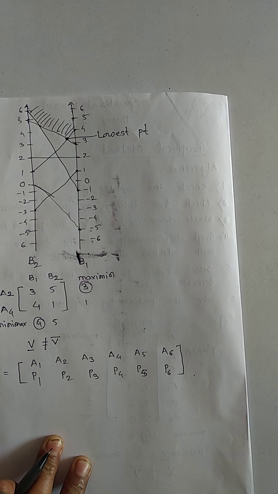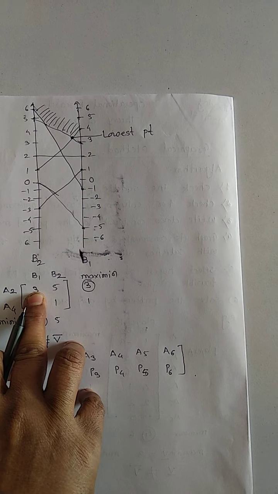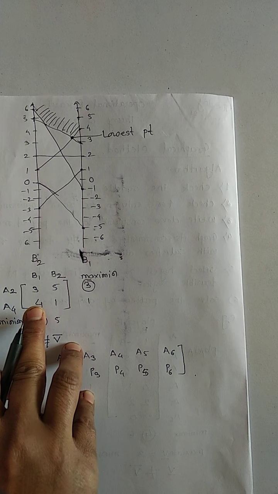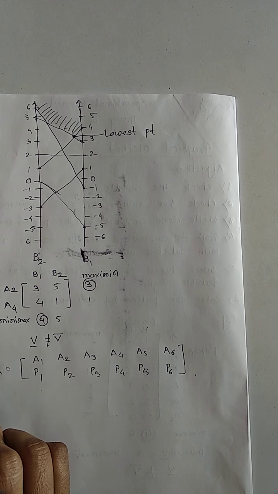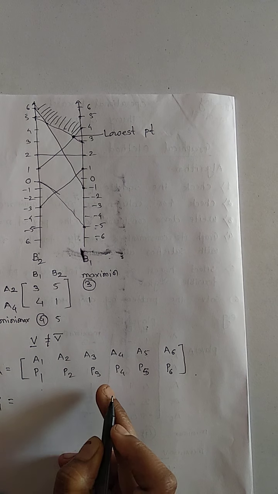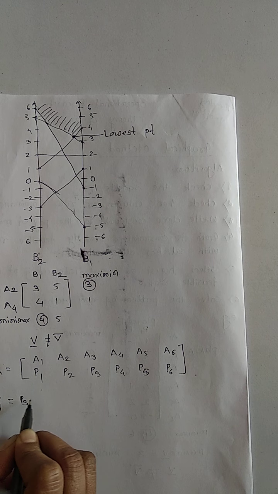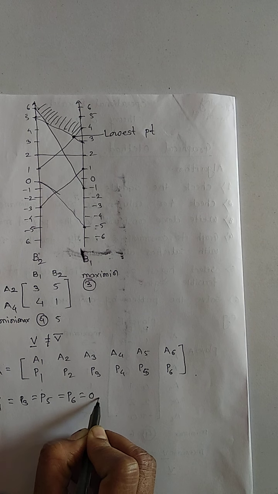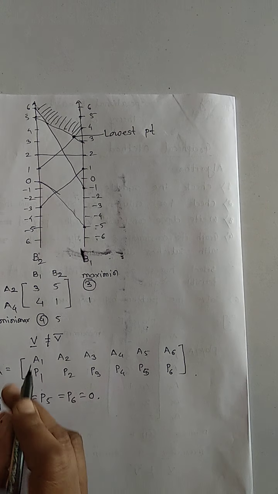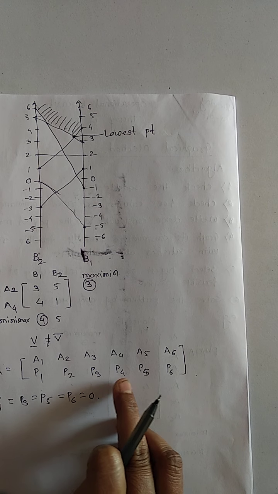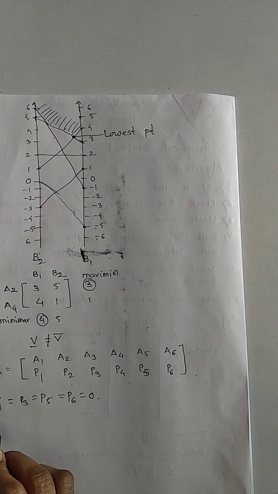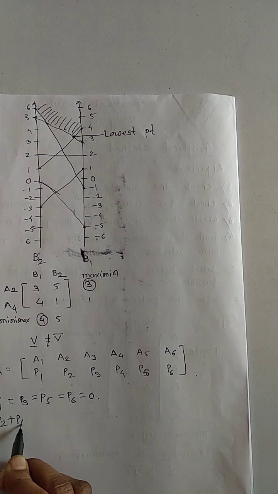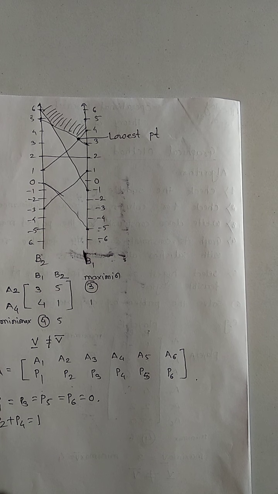Here the points are present in A2 and A4. Therefore P1, P3, P5 and P6 are equal to 0, and P2 plus P4 is equal to 1.